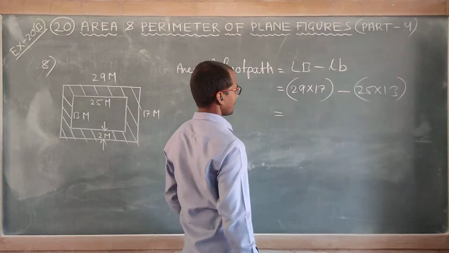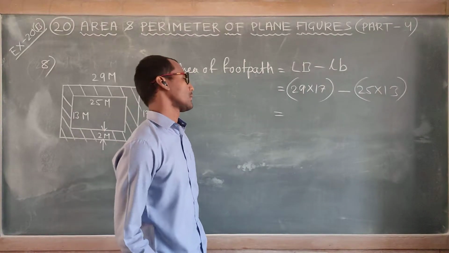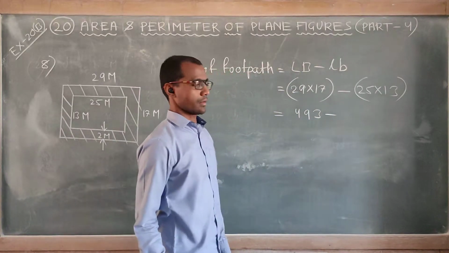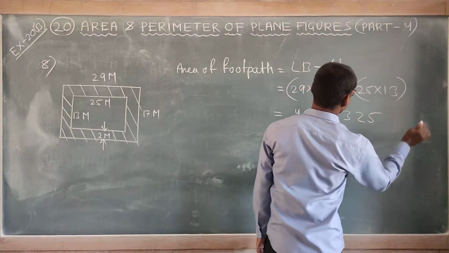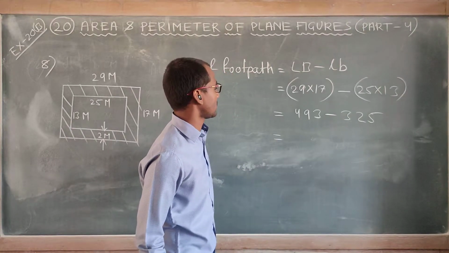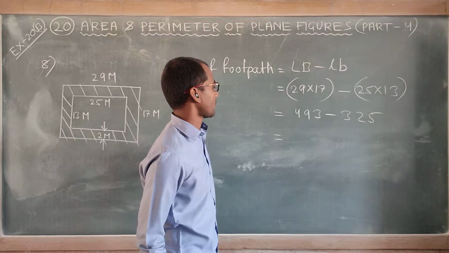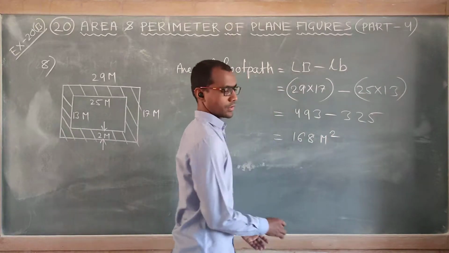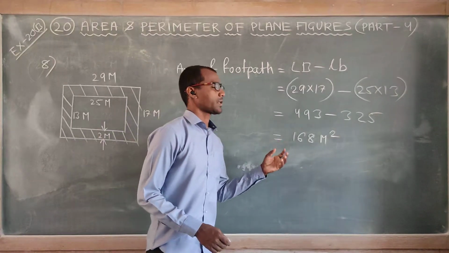This is 493, and 25 into 13 is 325. So this is equal to 168 square meter. So area of the footpath is equal to 168 square meter.